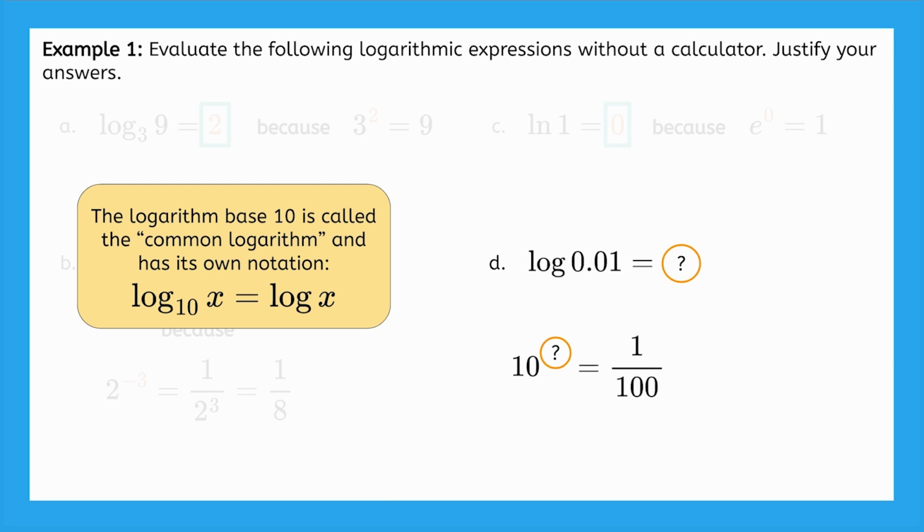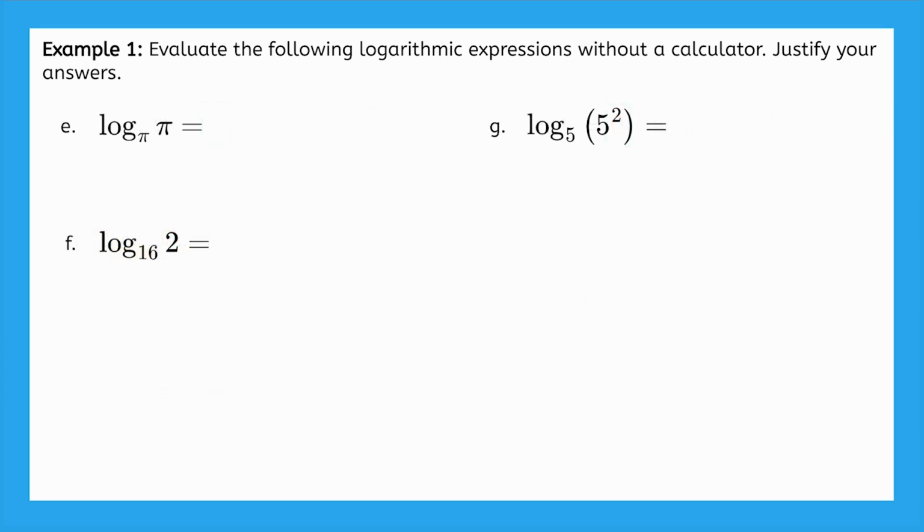And 100 is a power of 10. It's 10 squared. Now we can use the negative exponent property once again and express 1 over 10 squared as 10 to the negative 2. Therefore, log of 0.01 is negative 2 because 10 to the negative 2 is 0.01.